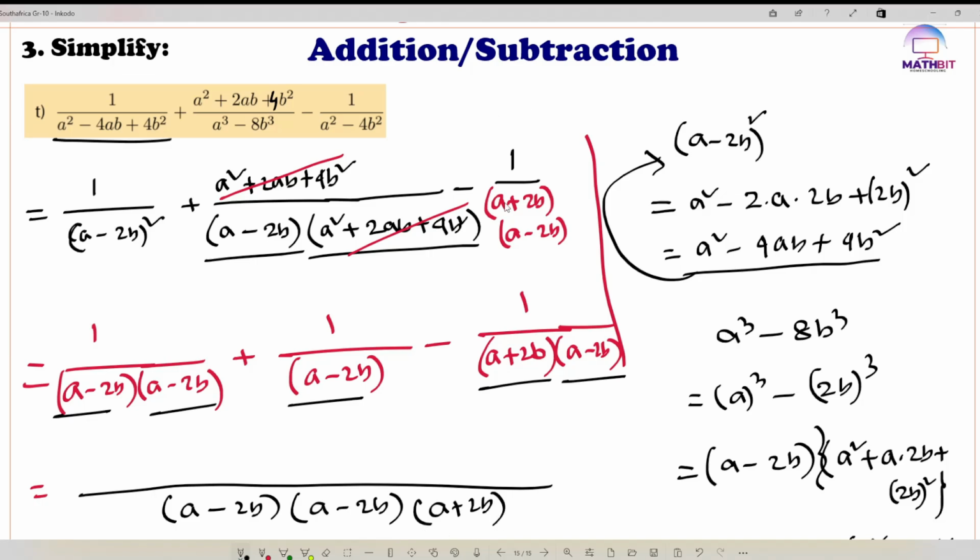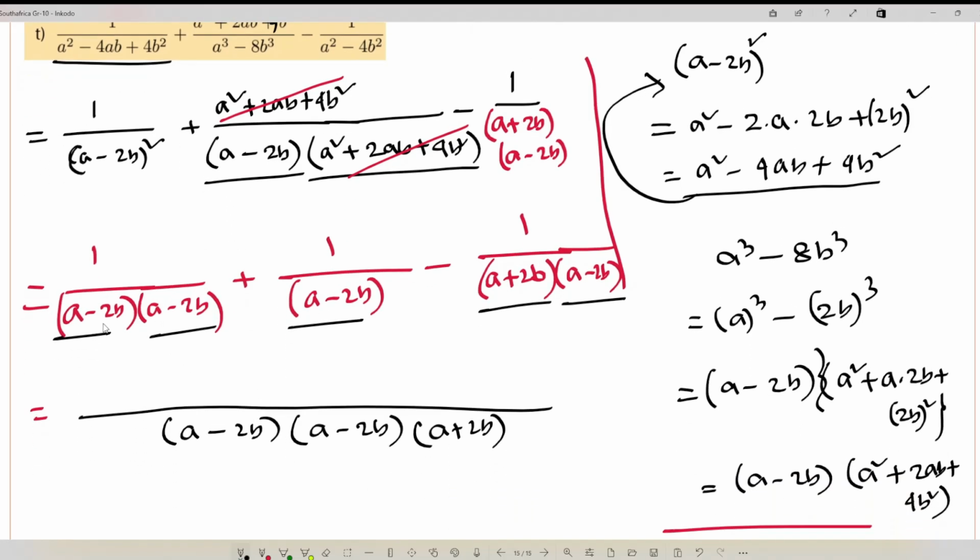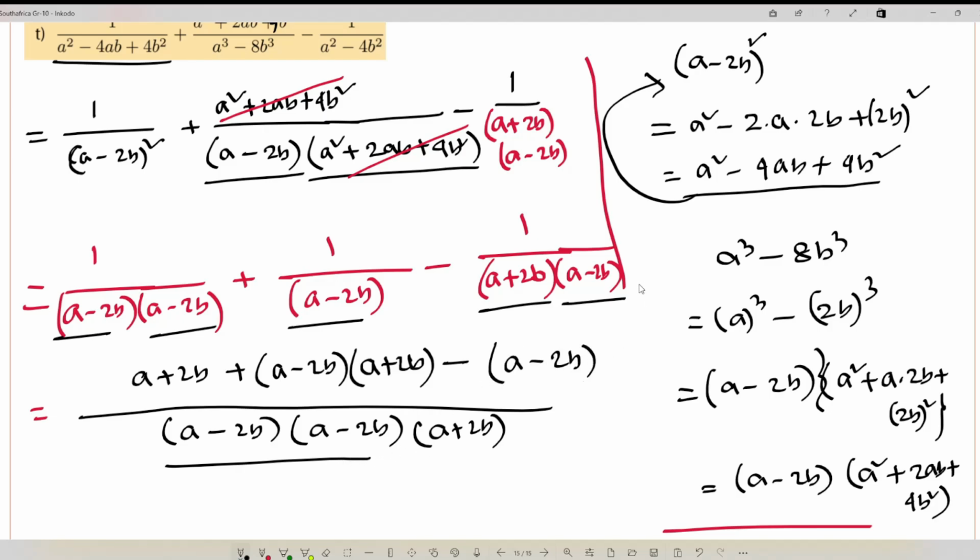Okay, now here is a minus 2b, a minus 2b, so this one out, we can write a plus 2b, plus here 1 a minus 2b out, so here is a minus 2b times a plus 2b, minus similar a plus 2b, a minus 2b out, so here is a minus 2b. Very simple.